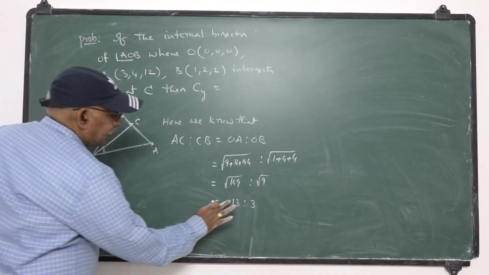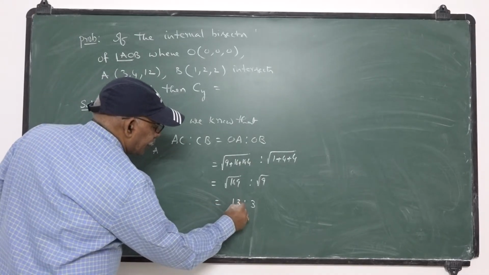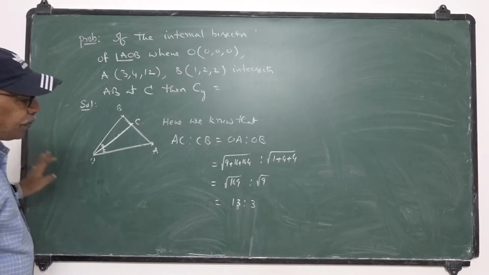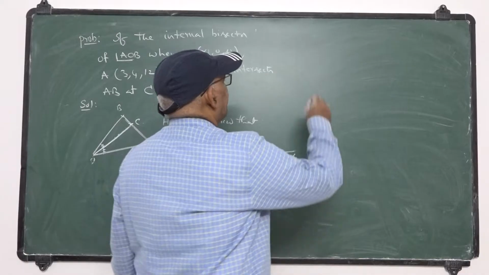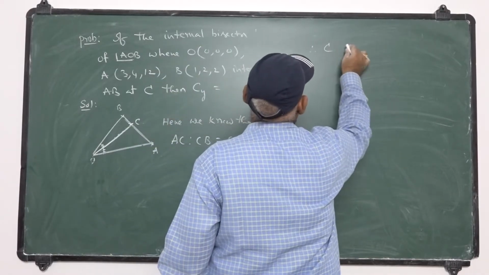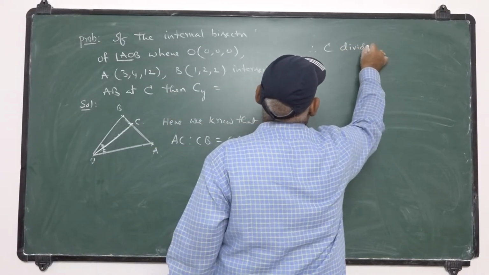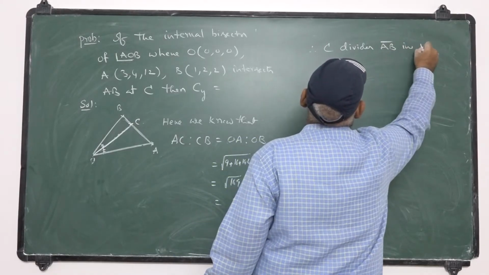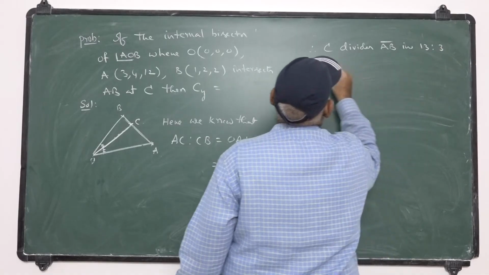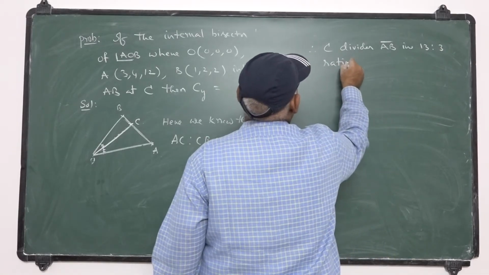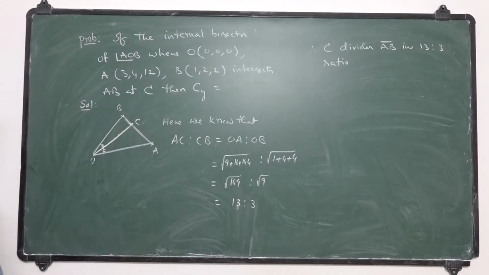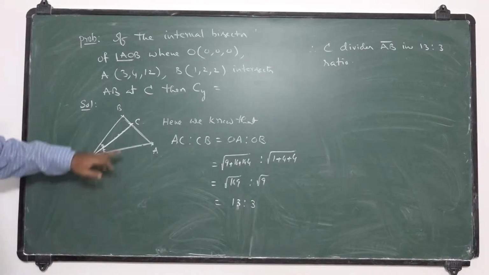So this is 13 is to 3 itself. AC is to CB. Therefore, C divides the side AB in 13:3 ratio. That is our result based on the plane geometry.